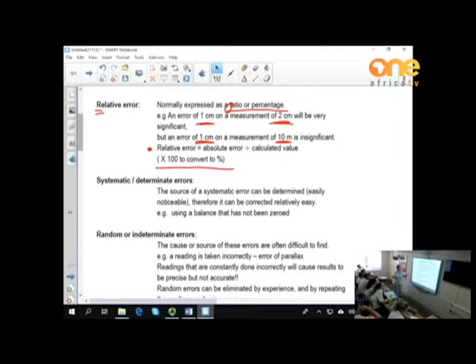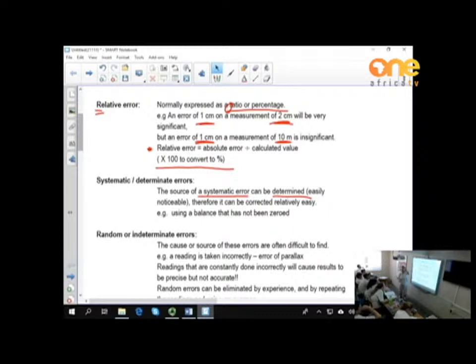Systematic or determinate errors, a source of systematic errors, can be determined easily. You can find the source of the error, okay? Because it's easily notable, so it can easily be corrected. For example, if I have a spring balance, and I did not zero my scale on my spring balance, and I added a 10 Newton weight to it, my reading is 10.2 Newton.